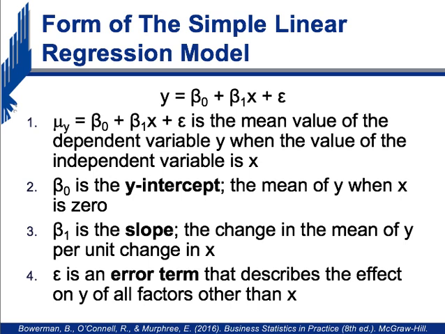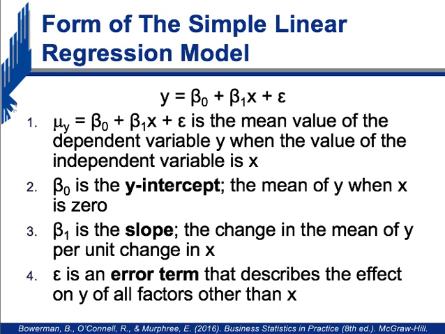This is the form of the simple linear regression model. That's y equals beta sub 0 plus beta sub 1 times x plus epsilon. And here are some notes about the regression model. Number 1, mu sub y is equal to beta sub 0 plus beta sub 1 times x.